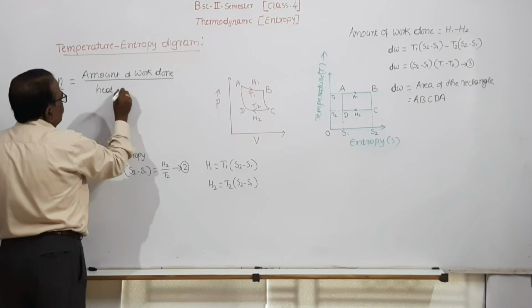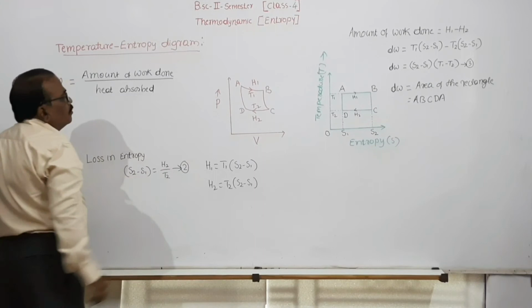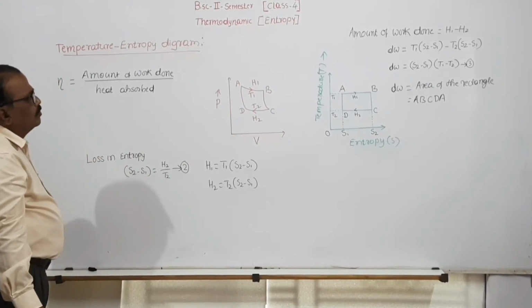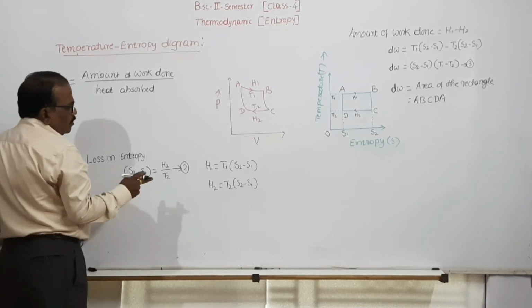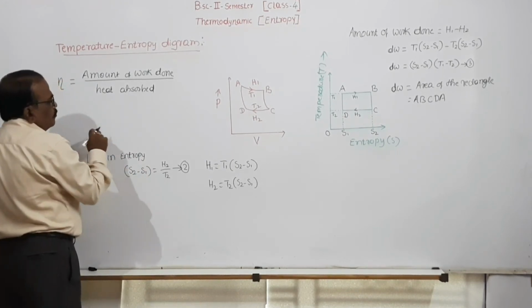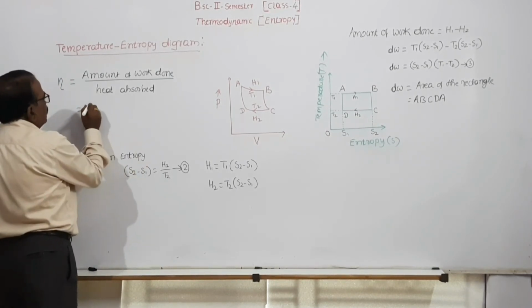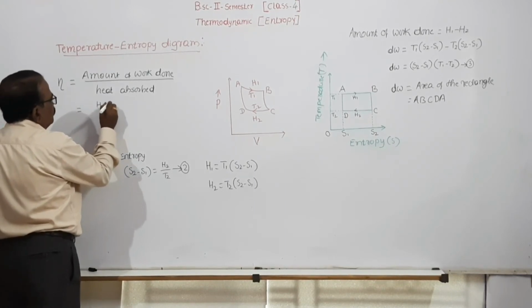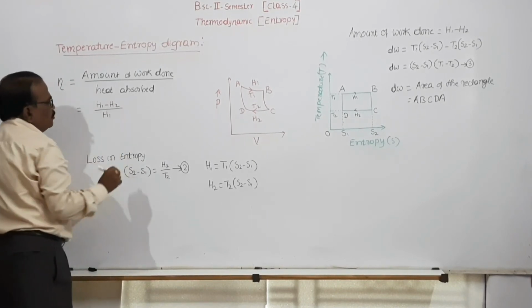This is the definition. What is the amount of work done? The amount of work done is H1 minus H2, divided by the amount of heat absorbed, H1.